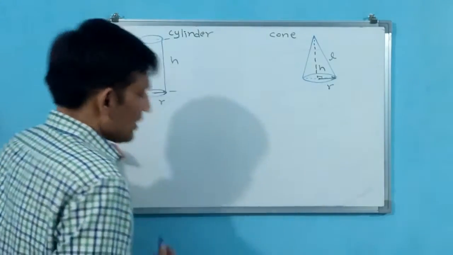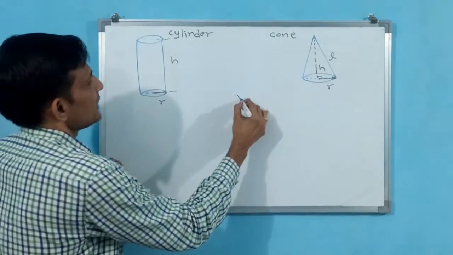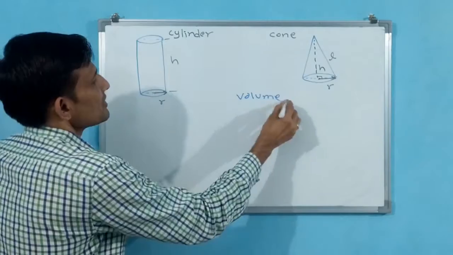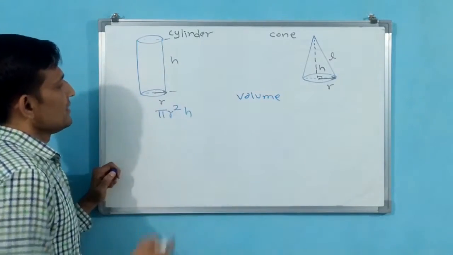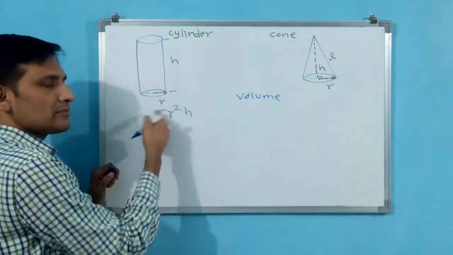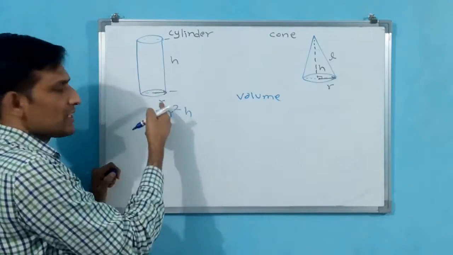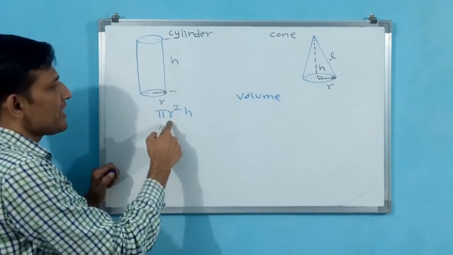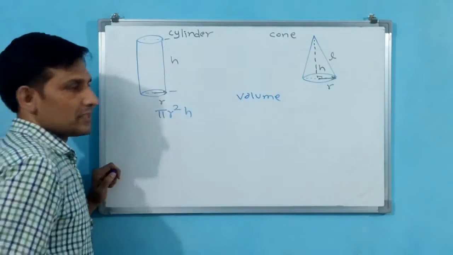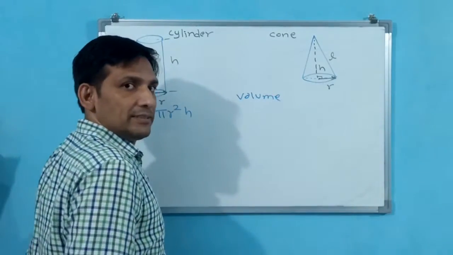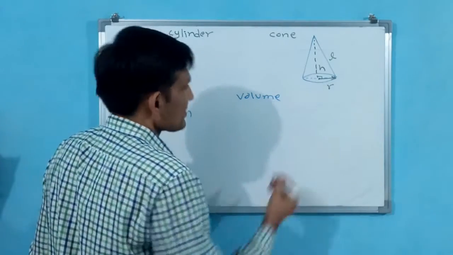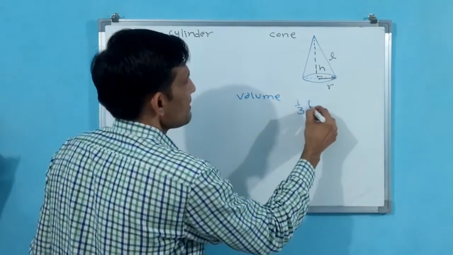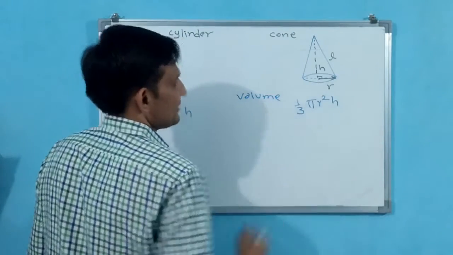Now we see volume and surface areas. Volume of a cylinder is pi r square h. Why? Because the bottom circle will be there for the cylinder. Circular area is pi r square into height h. But what about the cone? It is 1 by 3 pi r square h.